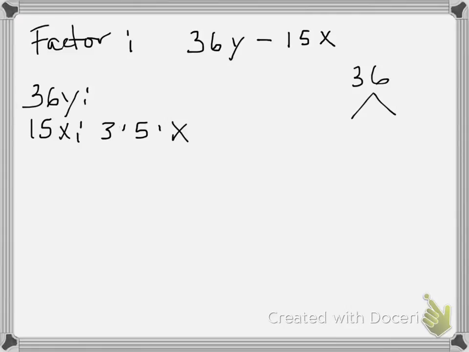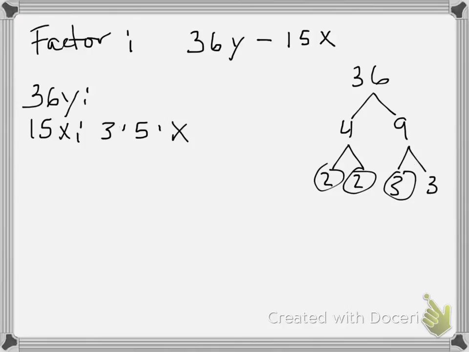Alright, so let's see, I could do 36 as 4 times 9, maybe that's one that's coming to people. And neither one of those are prime. 4 I could do as 2 times 2, prime numbers there. 9, I could factor as 3 times 3, prime numbers there. So my prime factorization of 36y would be 2 times 2 times 3 times 3 times y.